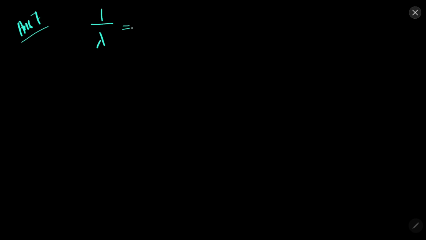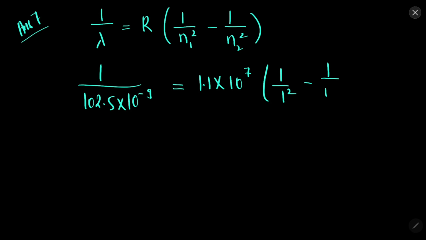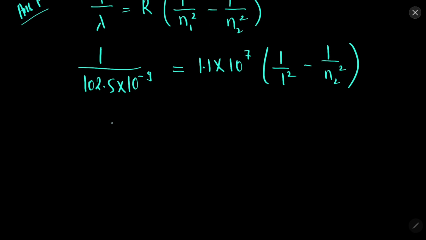Now we know this formula for the hydrogen atom. Now the wavelength is given, 102.5 into 10 to the power minus 9, equal to R, which is 1.1 into 10 to the power 7, times 1 over 1 square minus 1 over n2 square.